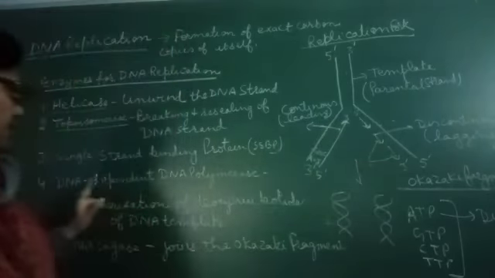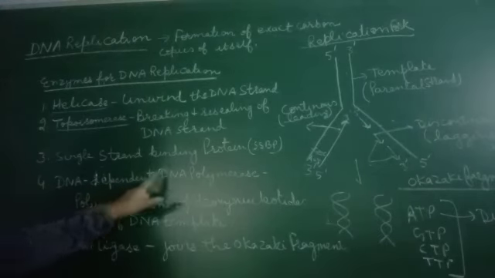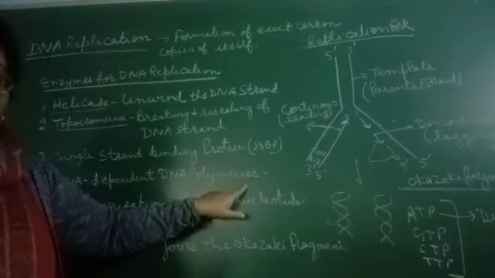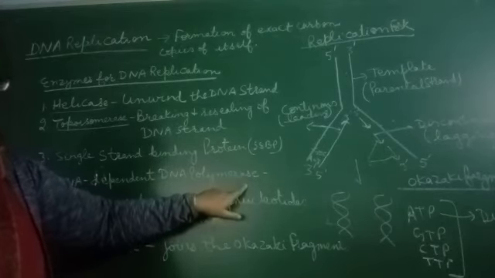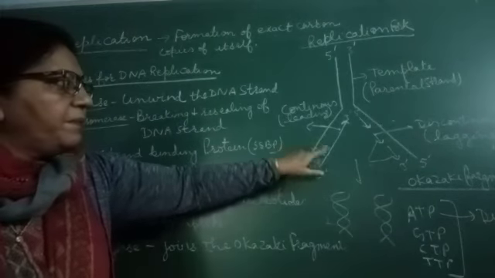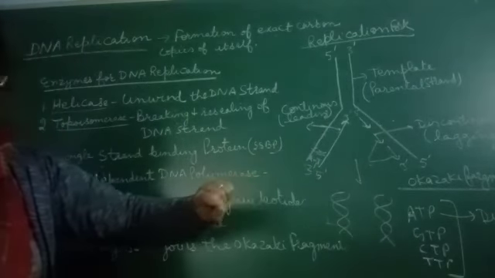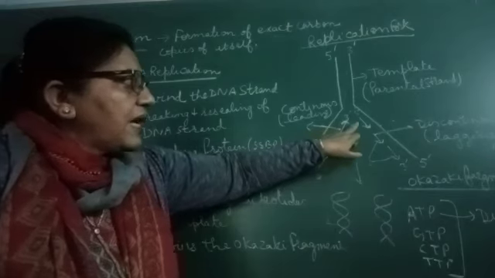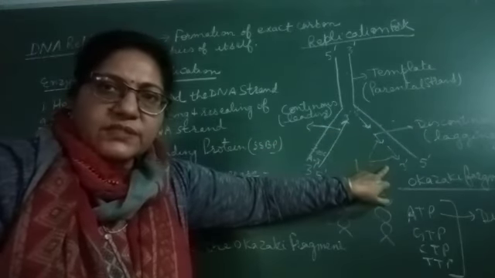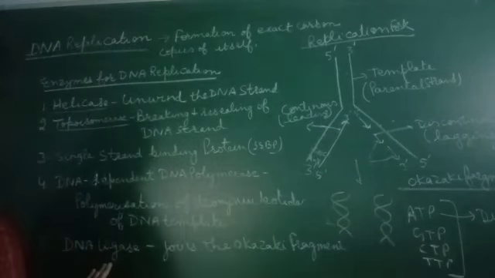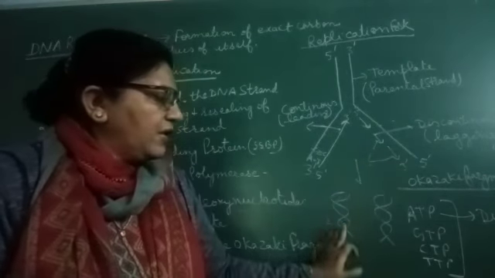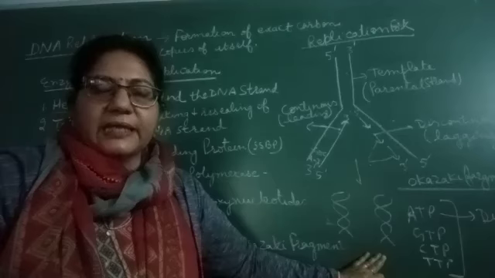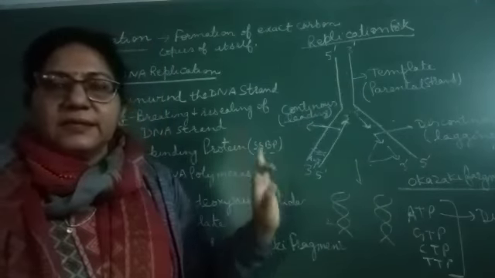With the help of the enzyme DNA dependent DNA polymerase, we have deoxynucleotides, which may be adenine, guanine, or thymine, which form a complement with the template strands. One is a continuous strand, another is a discontinuous strand, and then with the help of the enzyme ligase, they join with each other and you get two daughter DNAs from one parent DNA.